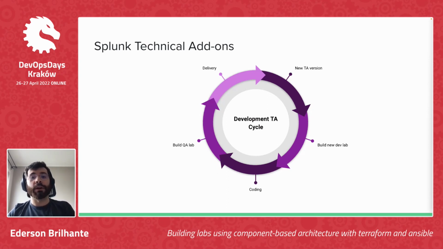Once we get the requirement, we need to understand how many versions of this product we have to support, and which Splunk platforms we need to support. Based on these requirements, we build the labs. The number of labs will be the number of product versions times the types of setups and configurations.